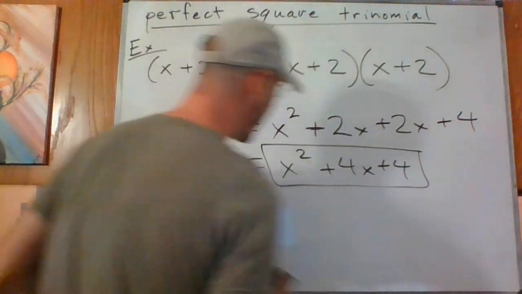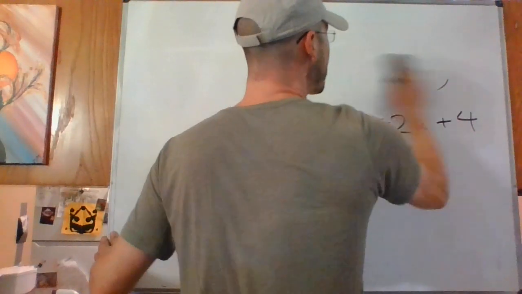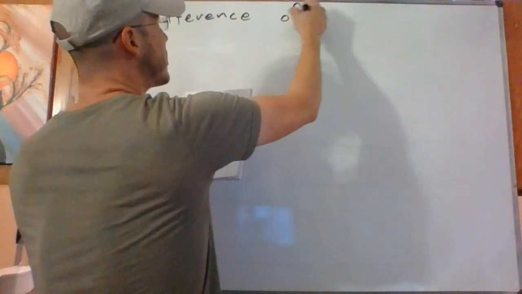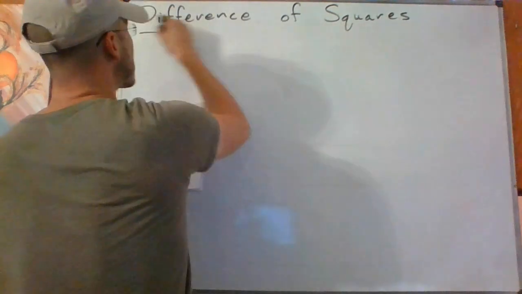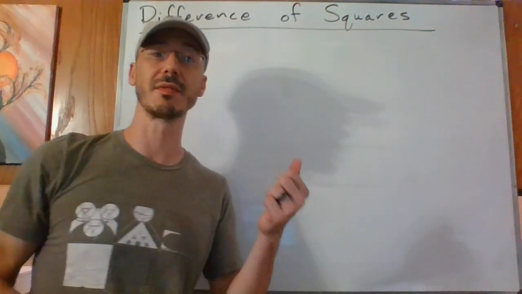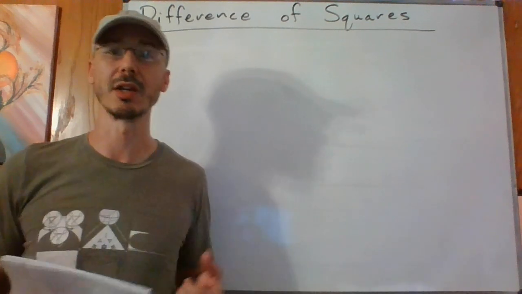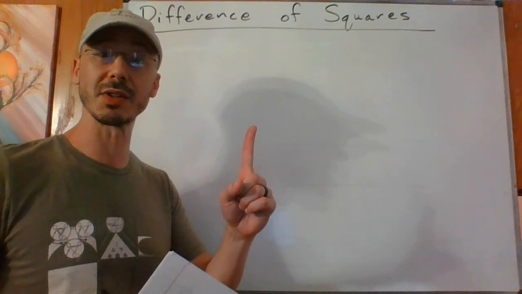Finally, I have one more special form, similar to the perfect square, called the difference of squares. Again, first of all, think of square numbers: 4, 9, 16, 25, numbers that have a square root that's a whole number. 1 is one of those numbers also.